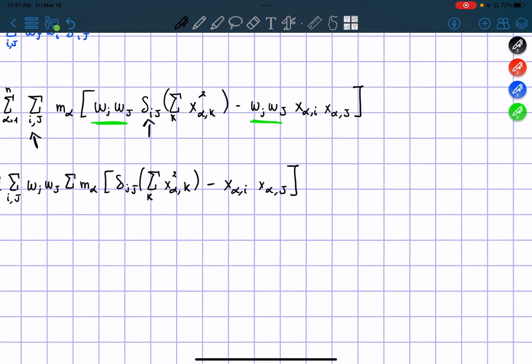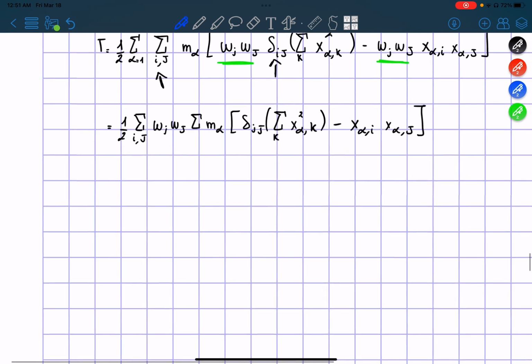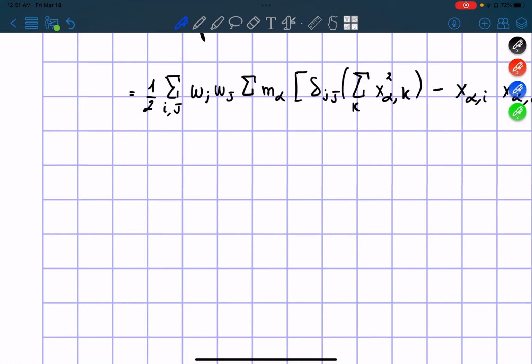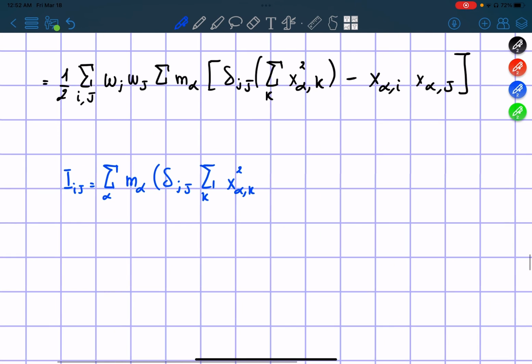And then one thing that we can do is say that the moment of inertia, so I, in terms of ij, is equal to the summation of the mass alpha times the Kronecker delta ij, and then our summation in terms of k of x alpha k squared minus x alpha I, x alpha j.